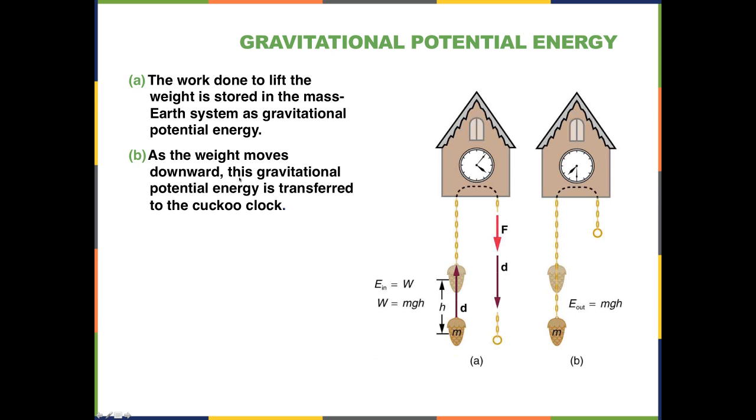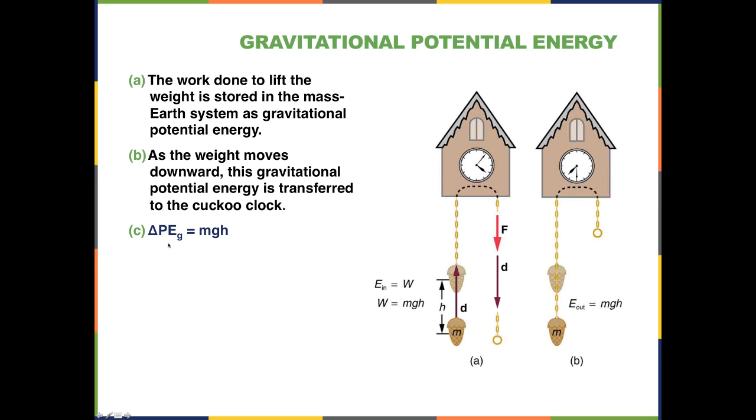As the weight moves back downward, the gravitational potential energy is then transferred. As it moves down, it's transferred from the weight to the clock. So the chain passes through here, and it basically transfers the energy to the clock, and that's what keeps the clock moving.